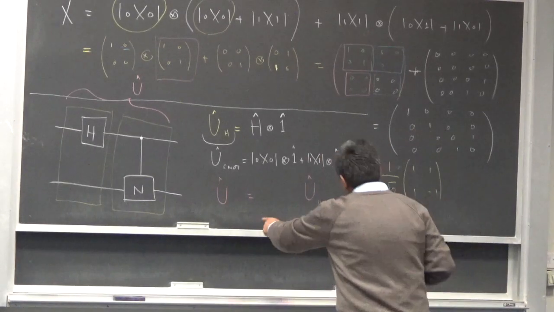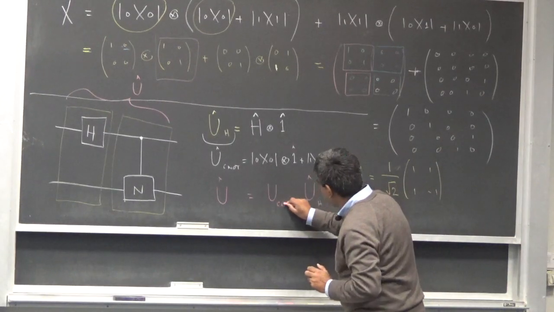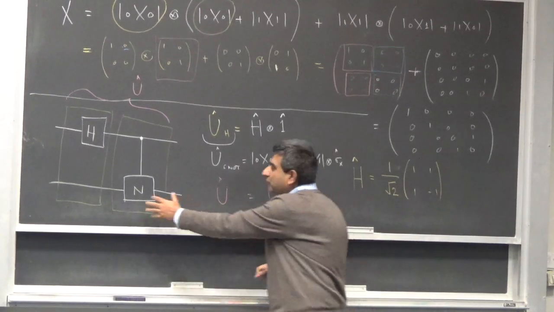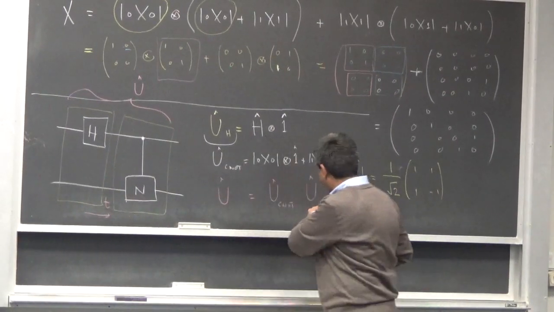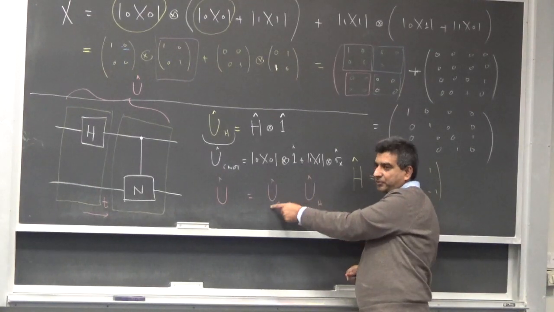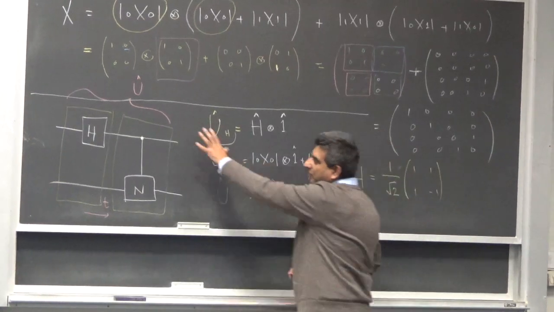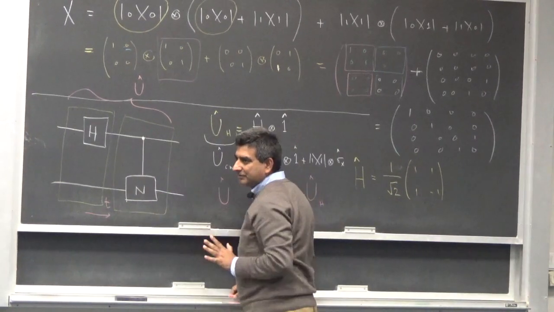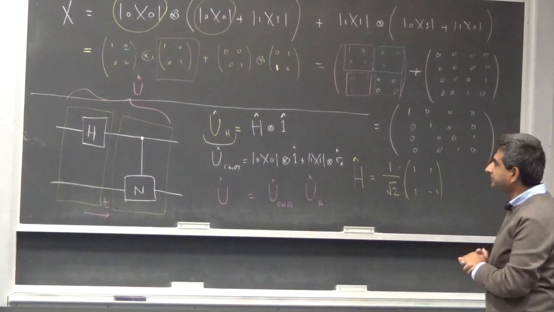So the big U will be UH followed by U control NOT. Since this follows in time, my time is flowing in this direction. So I first have on the left the U Hadamard followed by the U control NOT. So this is the big unitary matrix for all of this. And you can all work this out as well.